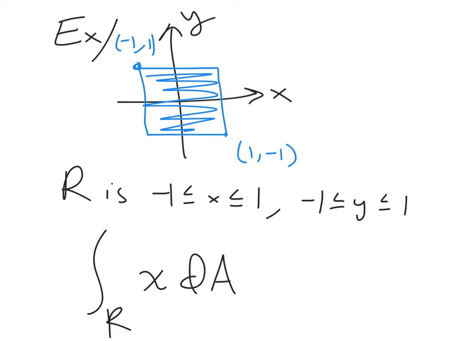But what if we think of this region specifically in terms of horizontal strips? As I cut the region into horizontal strips, what's happening on a particular strip? Well, over here, x dA has some value, and over here it has the exact opposite value.